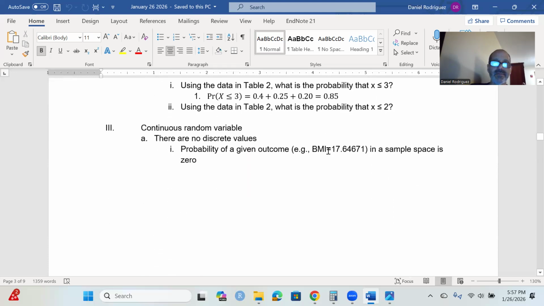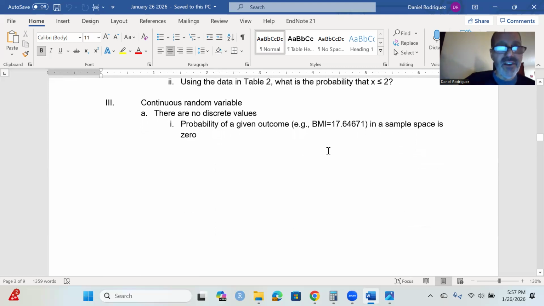All right. Think about continuous random variables. There are no discrete values. The probability of a given outcome in a sample space is 0. That's because we can define it to such a unique value that the probability is 0. So body mass index could be 17.64671359.